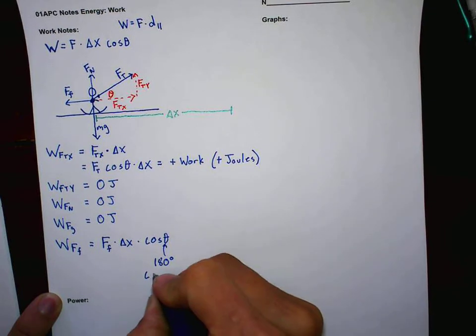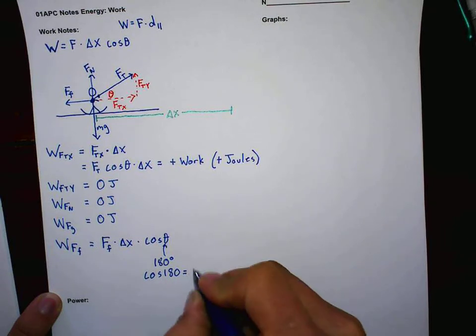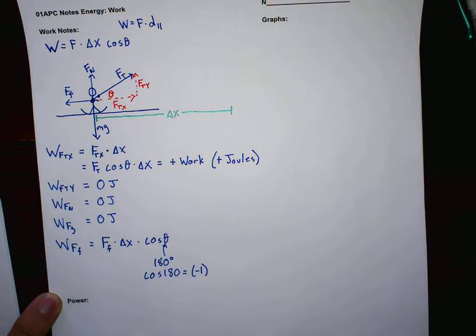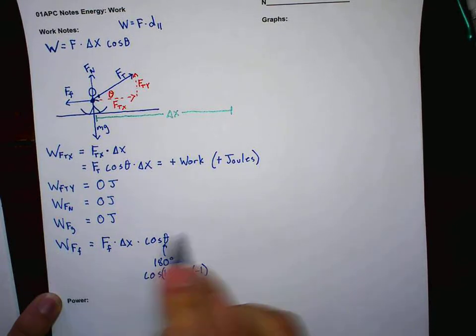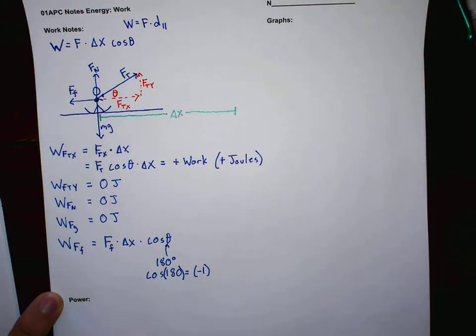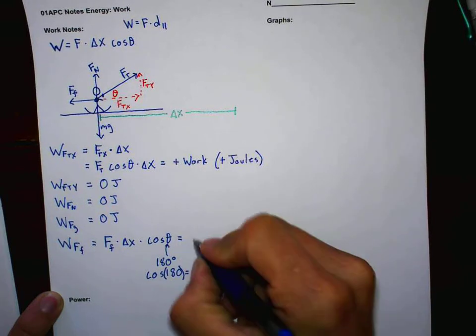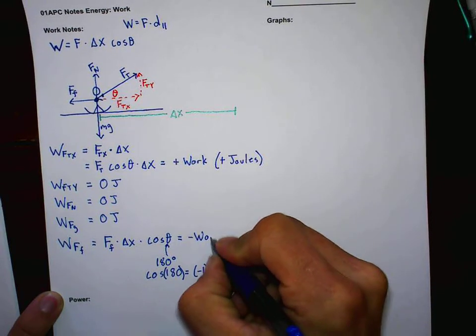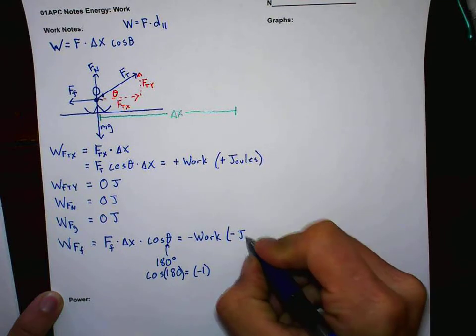Cos 180 equals -1. You can plug it into your calculators to prove that to yourselves. So the force of friction is going to do negative work, which is going to be some negative amount of joules.